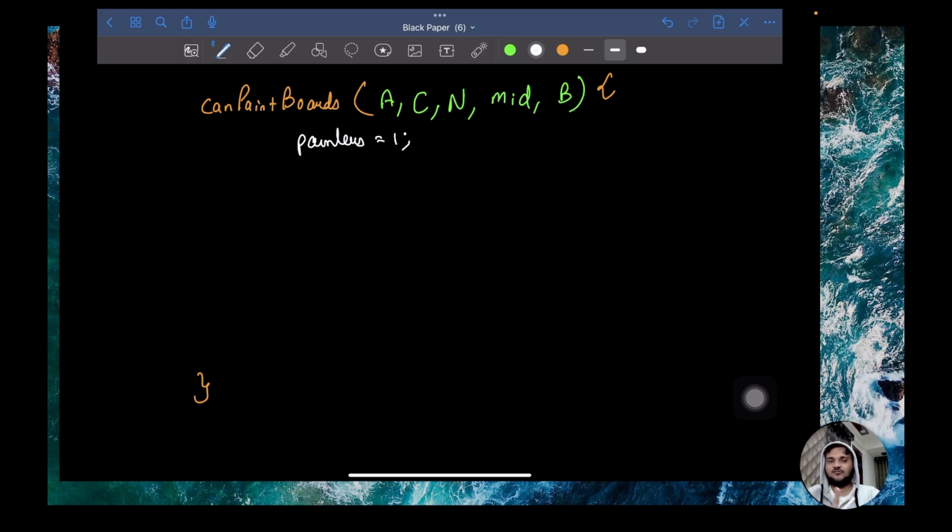I'm going to at least start with the first painter. At least one painter will be required. If at least one painter is required, then we can start doing the painting.